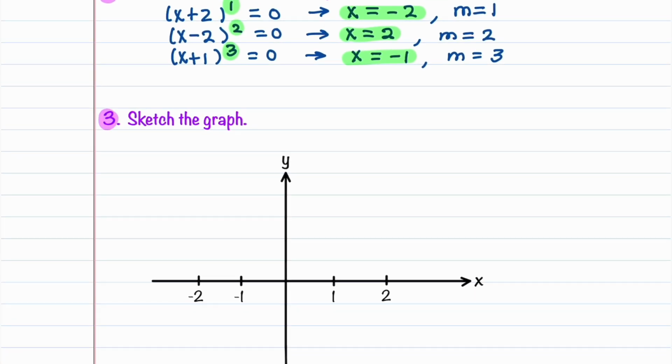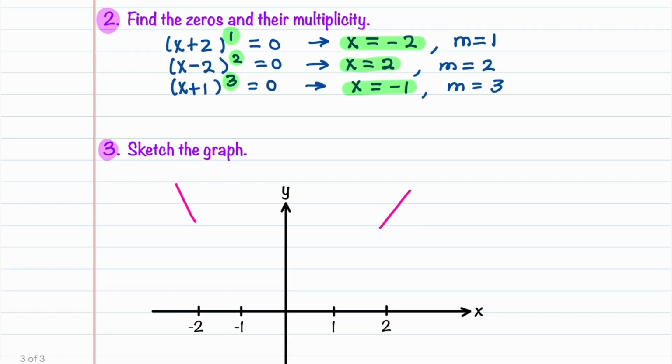Now we can go ahead and sketch our graph. Our end behavior we found was up on the left and up on the right. So I'm going to write a little pink line and I'm going to go up on the left and up on the right. Now let's go ahead and plug in our zeros. We have a 0 at negative 2. We have a 0 at 2.